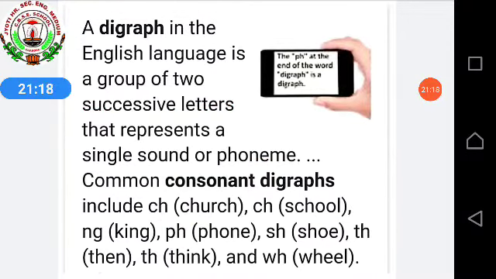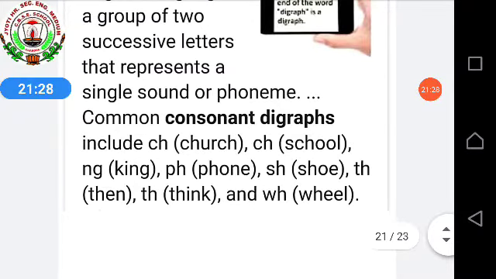So dear children, wherever we have two successive letters that represent a single sound or phenomenon, that is known as a digraph. And some of the consonant digraphs include CH for church, CH for school, NG for king we are saying. Kinning we are not saying, is it?